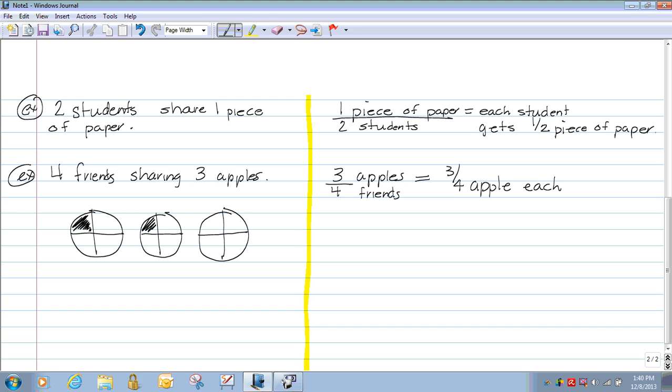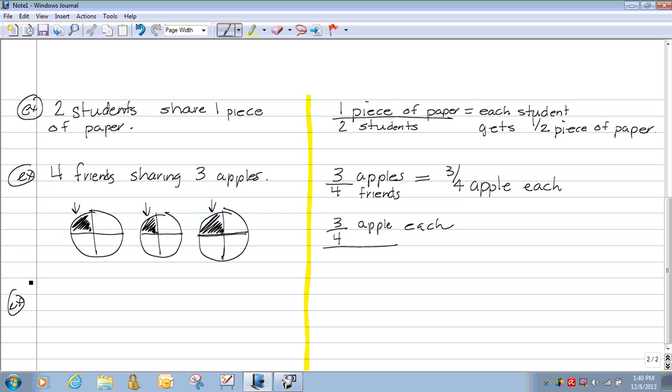He gets part of this apple and a part of this apple. So how many parts does one friend get? Well, there's 1, 2, 3. It's divided into 4 parts. So we still come up with 3/4 of an apple each.